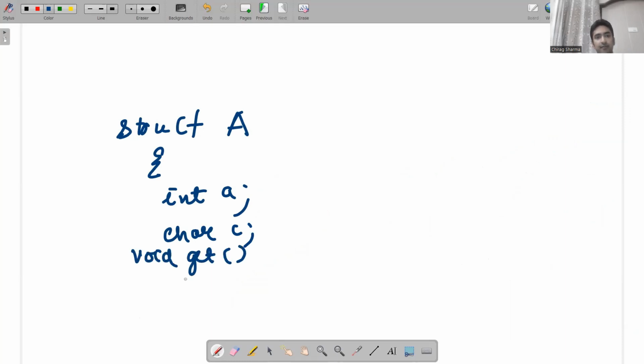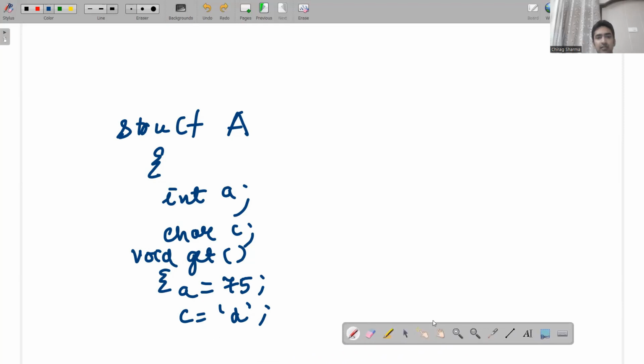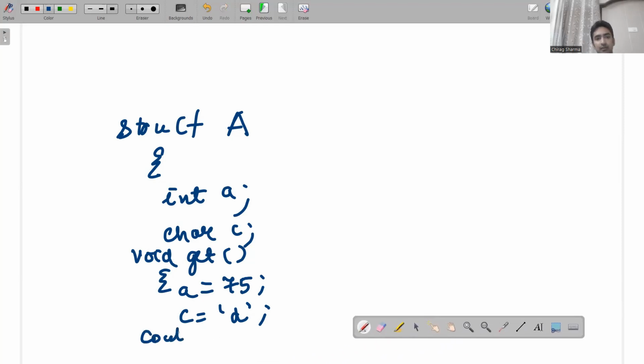A value I have taken as 75, and C value I'm giving as d. And I'm displaying them: cout A as well as C, and this entire structure is closed.